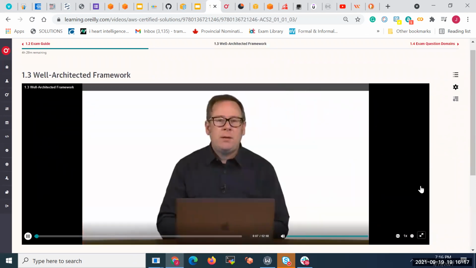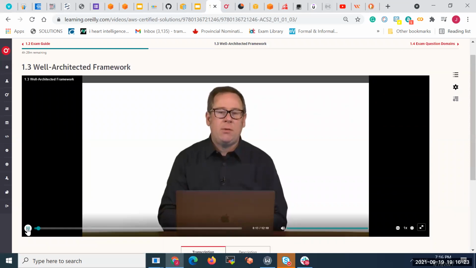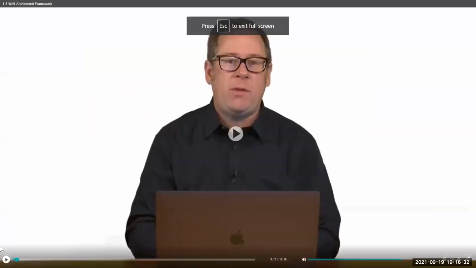The well-architected framework is one of the single most important areas that you will study for this particular exam. Can you hear it well? Yes, it's clear. It is so important that AWS has actually based all 4 question domains on different pillars that are part of the well-architected framework.